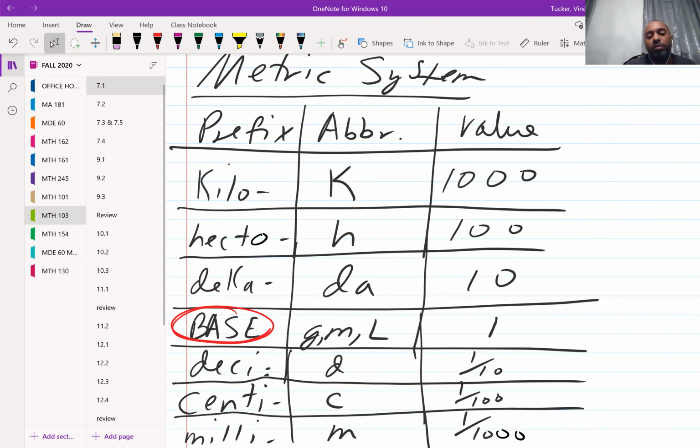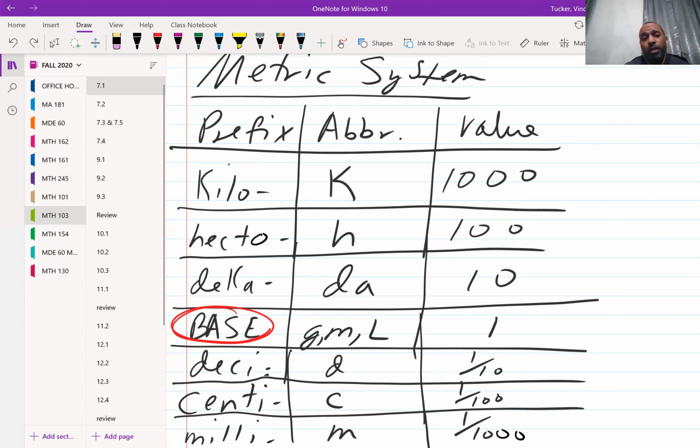Kind of mentioned them earlier. Grams, meters, or liters will be your base, depending on what you're measuring. Deci, centi, and milli. Anyway, those are the abbreviations right here in the middle. And then the values: 1,000, 100, 10, 1, 1/10, 1/100, 1/1,000.